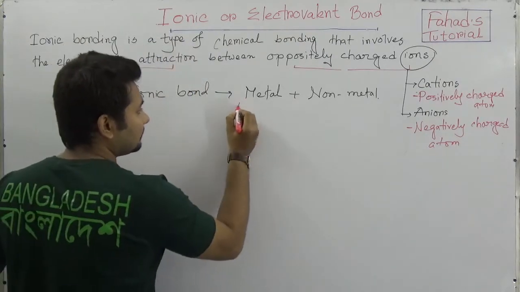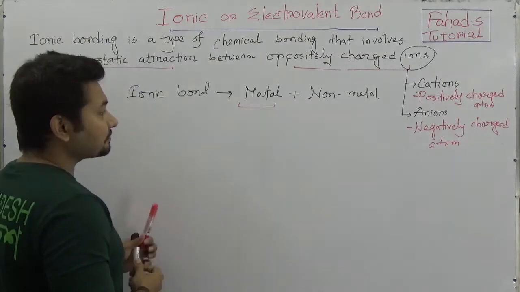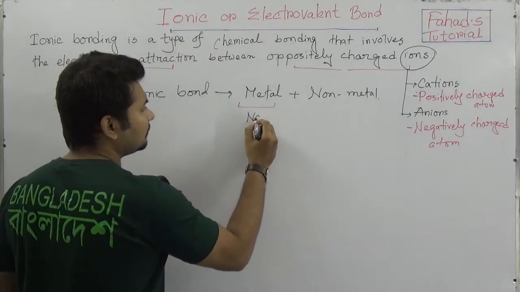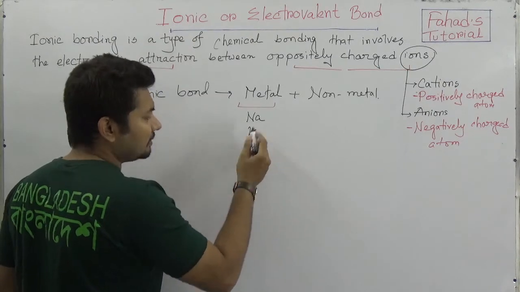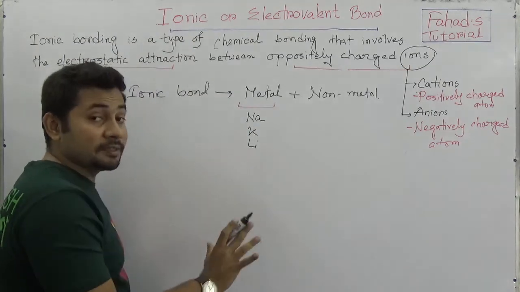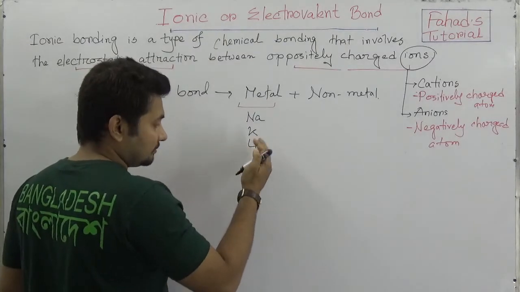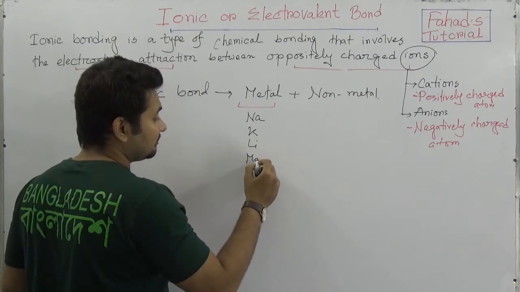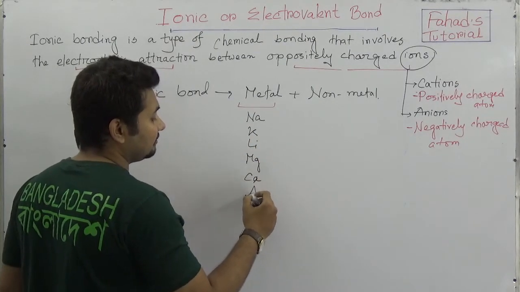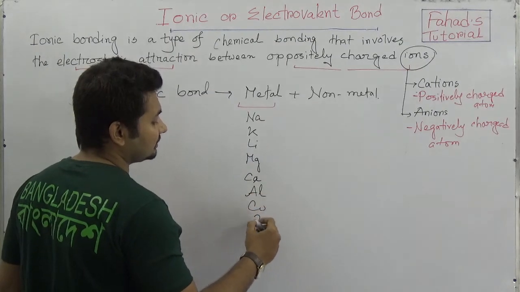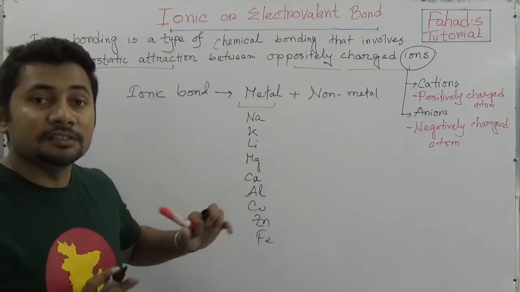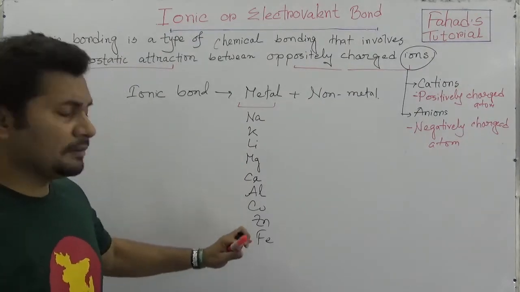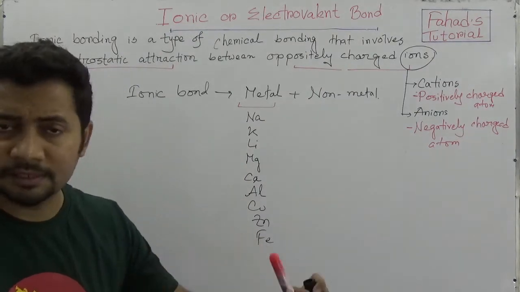So metals, like sodium, which we know, potassium, lithium, even rubidium, cesium, francium, though it's not very well known, and then magnesium, calcium, aluminium, copper, zinc, iron. These are very common metals, and also mercury, stannum, lead, whatever.